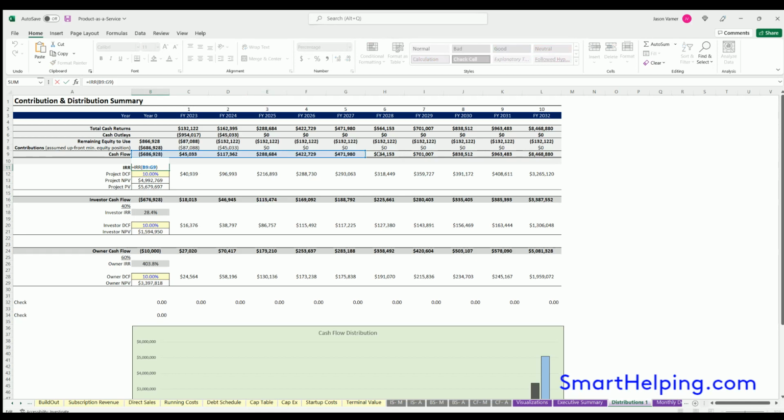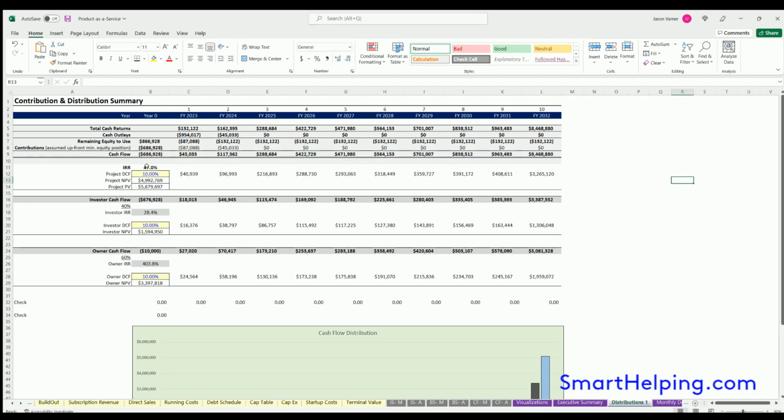So this is showing, and let's extend this out for 10 years, IRR for the whole project, IRR for the investor group, IRR for the owner group here. And this is just showing you how much equity was initially contributed and then what cash flows are available after any burn that happens. And this total here will always match the ending cash position.